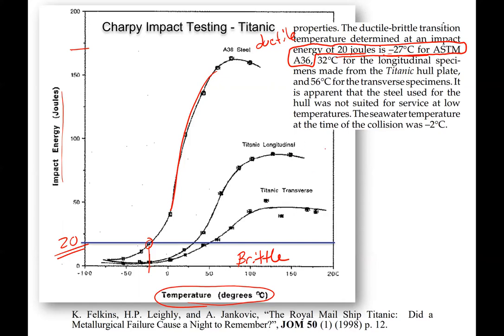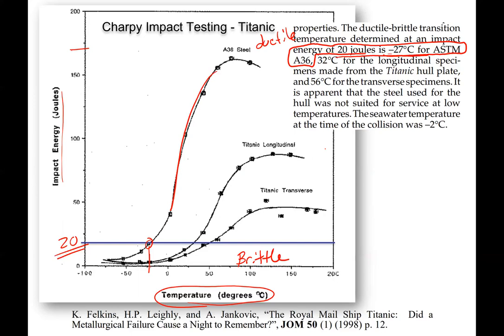Now, if you look at the Titanic, there are transverse and longitudinal directions. You get different properties depending on which direction you're looking at. That's a result of the rolling of the sheet. It tends to change the orientation of the grains, and so it results in different properties in different directions of the sheet.